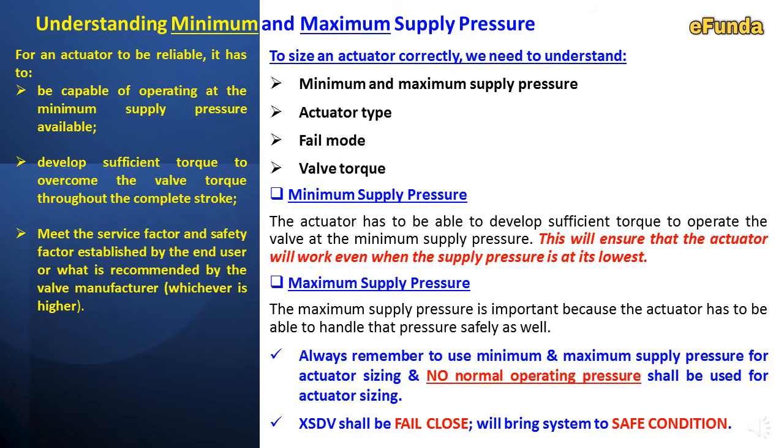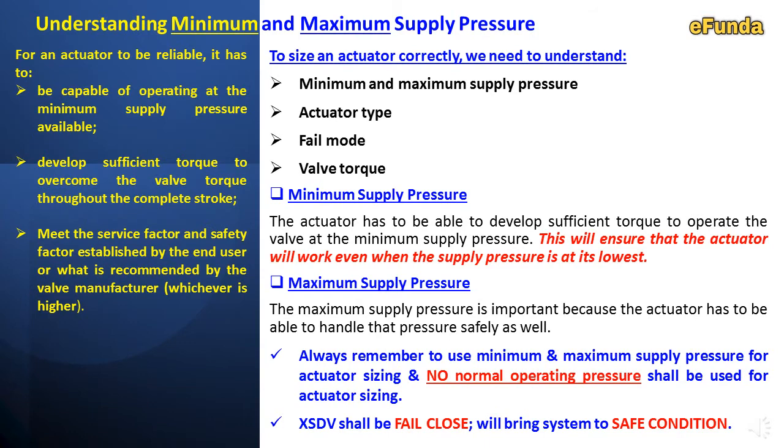Minimum supply pressure. The actuator has to be able to develop sufficient torque to operate the valve at the minimum supply pressure. This will ensure that the actuator will work even when the supply pressure is at its lowest value. Maximum supply pressure. The maximum supply pressure is important because the actuator has to be able to handle that pressure safely as well.